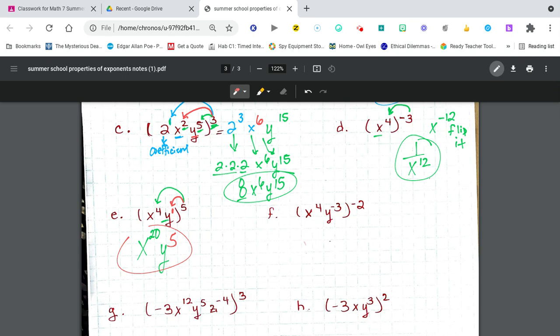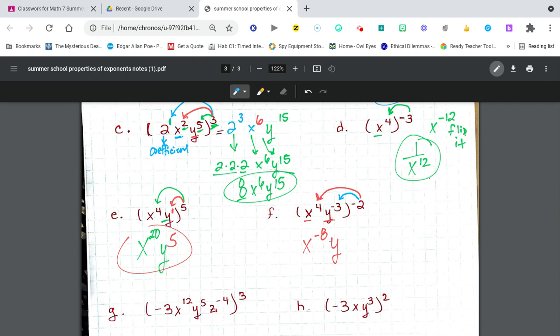All right, on F, you're going to keep the base of x, but I'm going to take the exponent of negative 2 and multiply it by the exponent of x. So negative 2 times 4 is negative 8. And keep a y, but let's multiply the outside exponent, negative 2, times your exponent for y.